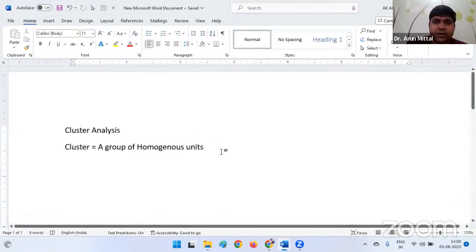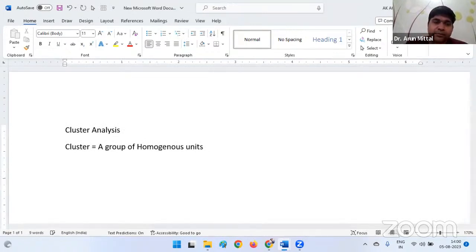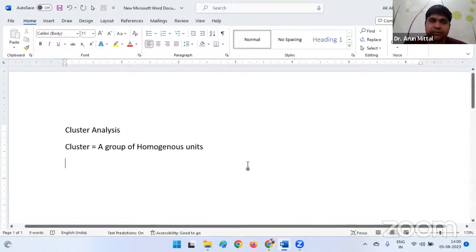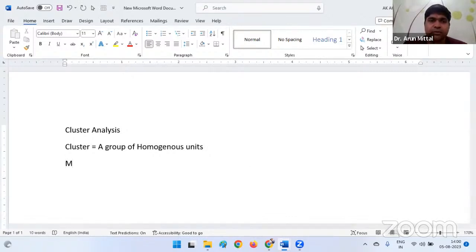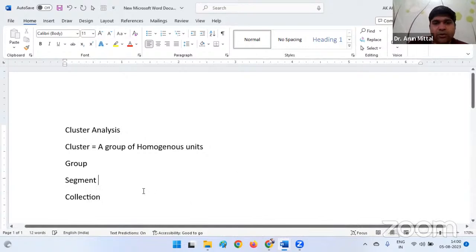The units in a cluster are similar to each other, not exactly the same, but similar. Now, when it comes to marketing, we can say a cluster is a group, a segment, a collection of something that has some homogeneity.